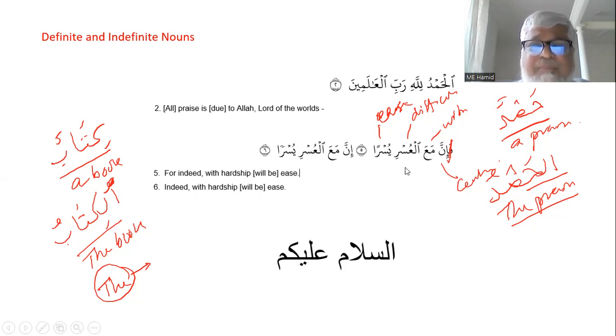Now if I use this trick that I used for alhamdu, the translation can be different. I can say: thus, certainly, with every possible difficulty, because al means every possible. So we can say certainly with every possible problem, there are solutions.